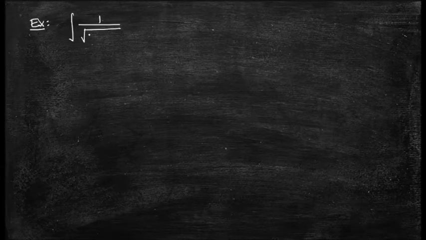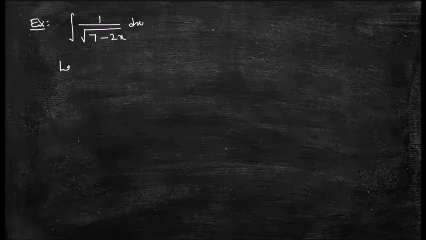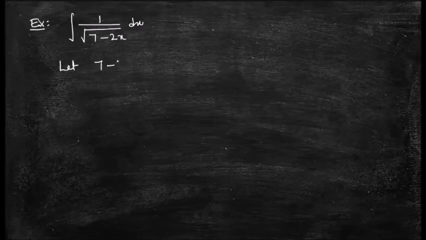One more example. Integration of 1 by under root of 7 minus 2x dx. Let 7 minus 2x is equal to t.